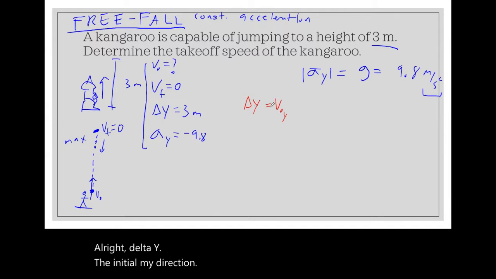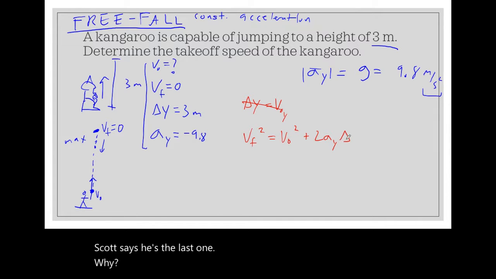Oh wait, no, we can't use that one. Scratch that. Let's use the last one. Plus 2a y delta y. There we go.